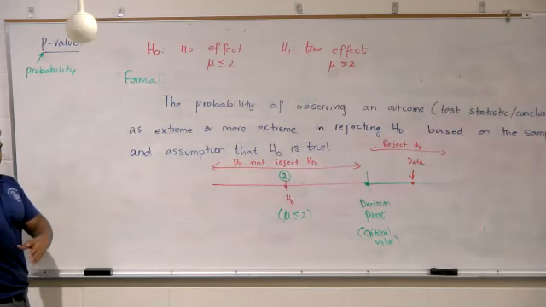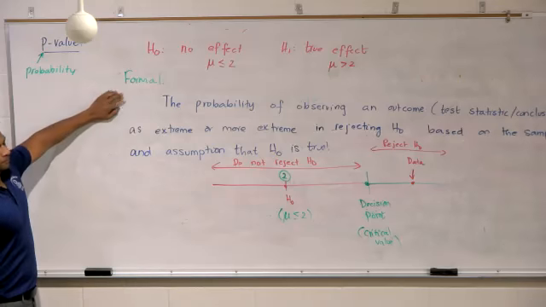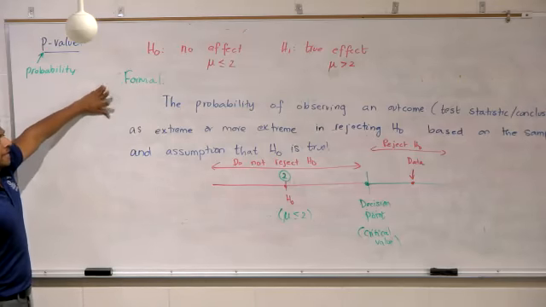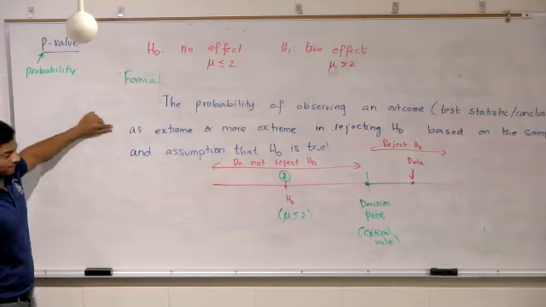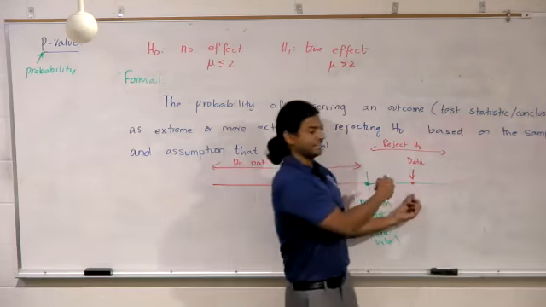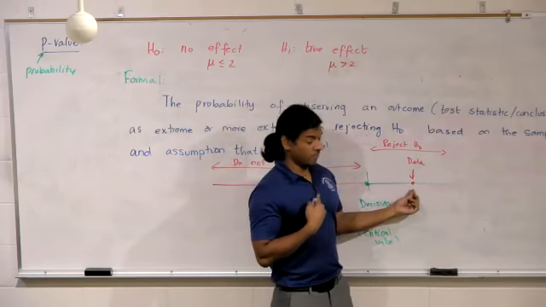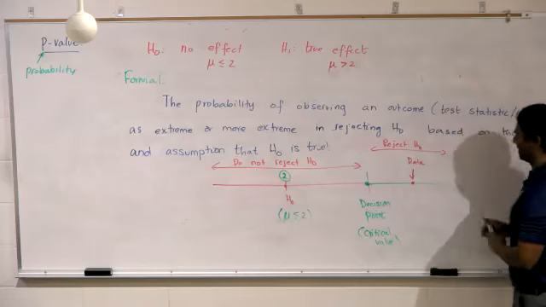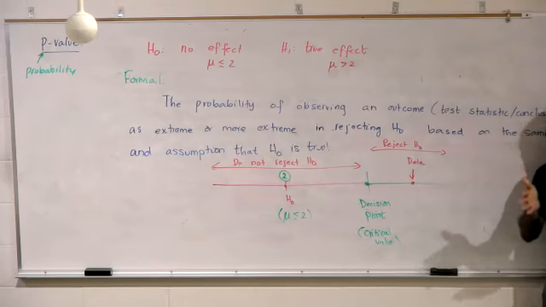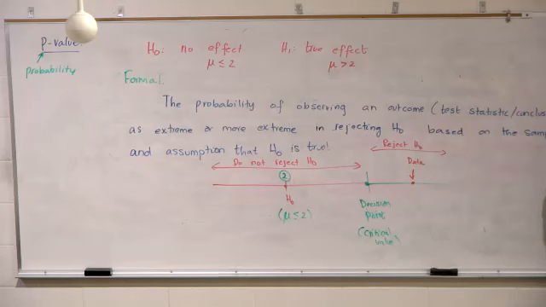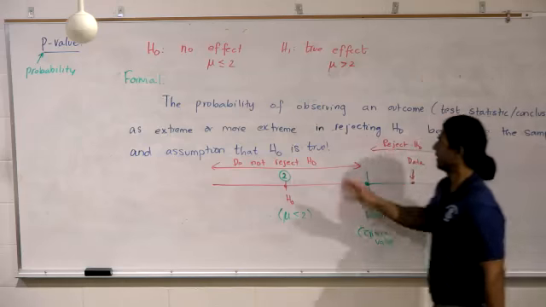Good, with me? Now, the probability of observing an outcome as extreme, that's the extreme part, or more extreme, in other words, you are getting more evidence to reject based on the sample and assumption, is the p-value.